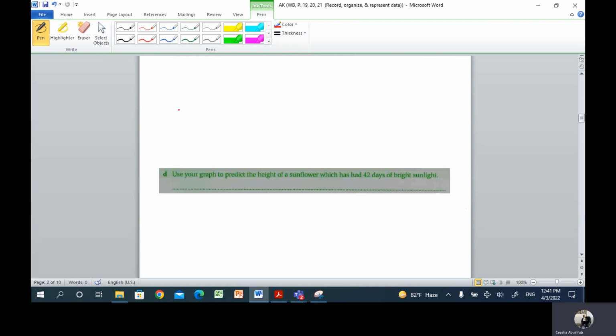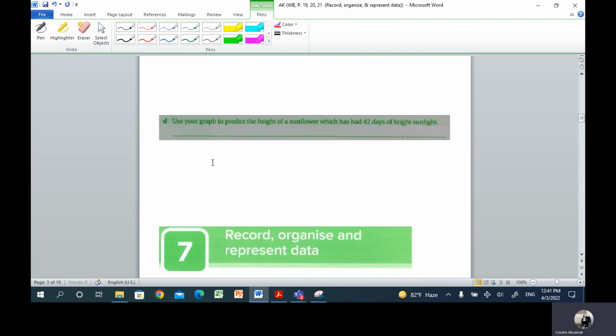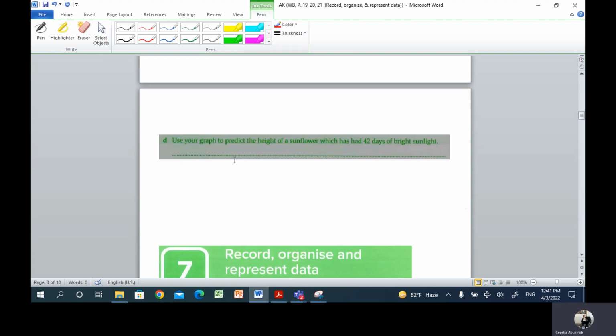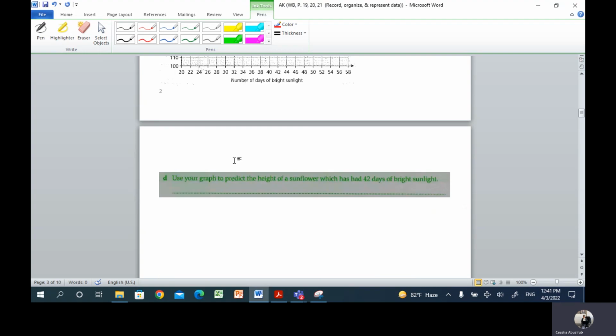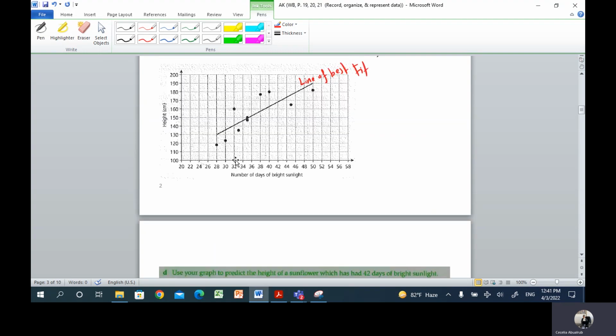Okay, and what do we use this scatter graph for? Here they're asking you to use the scatter graph to predict the height of a sunflower which has had 42 days of bright sunlight. What do we do then? We go to days.